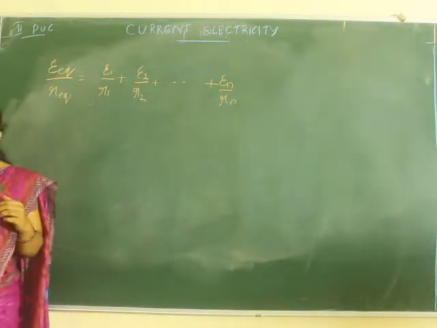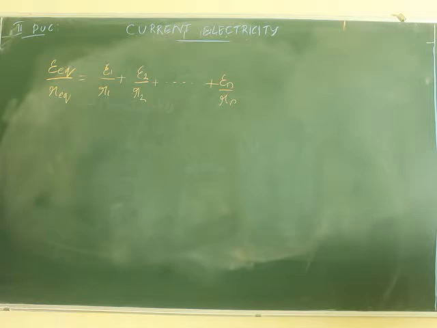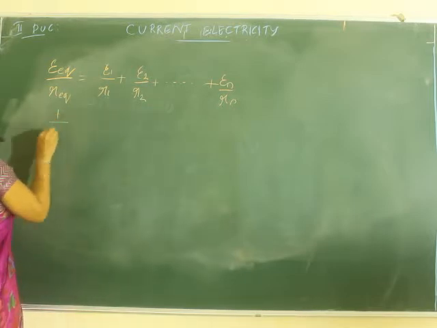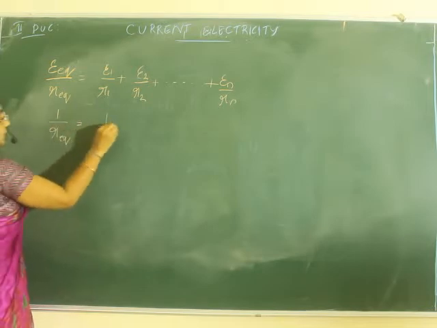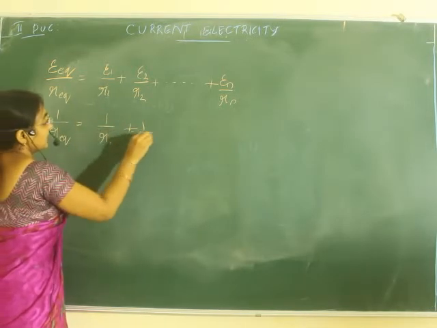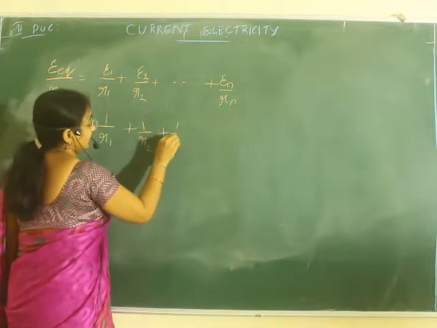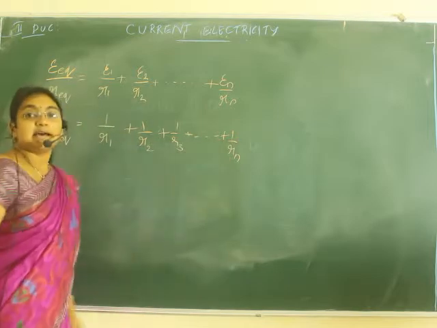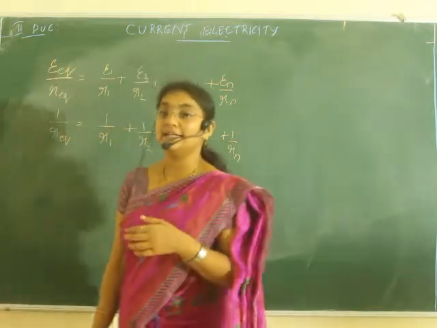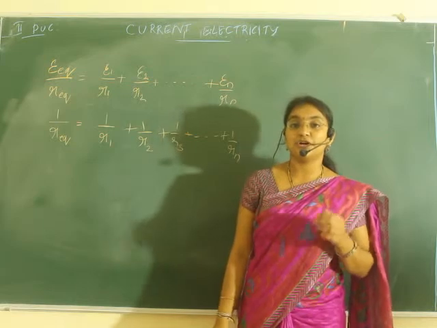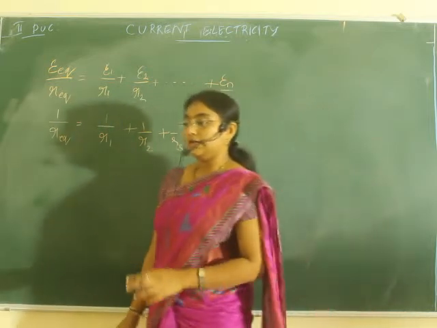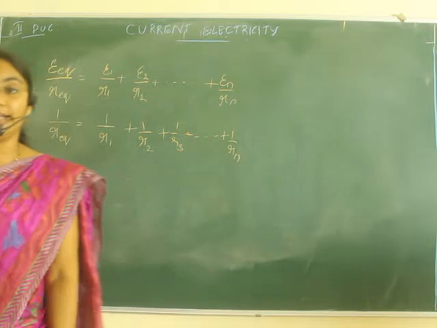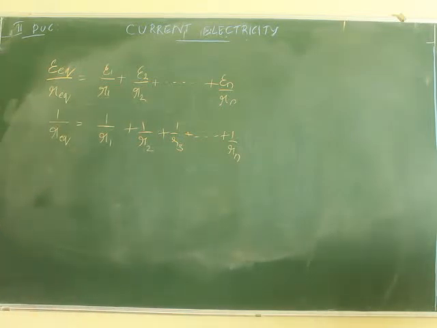Correct? And we can also write the expression of R equivalent, that is 1 by R equivalent is equal to 1 by R1 plus 1 by R2 plus 1 by R3 etc. up to 1 by Rn. These are the two expressions we have learnt for the combination of cells in parallel. This is for general. If there are n number of cells connected in parallel, correct?